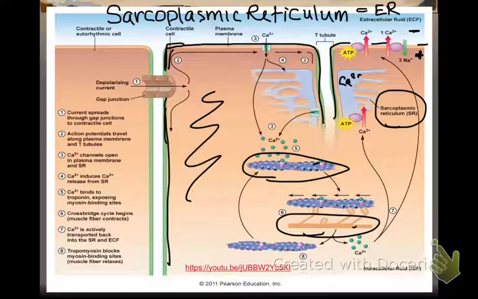Okay? It depolarizes the membrane. And that charge is transferred deep into the cell through these things called the T tubules, which then releases more calcium out of the sarcoplasmic reticulum. So you already had a lot of calcium, but then a whole bunch more gets released. And that calcium then goes to the next stage.